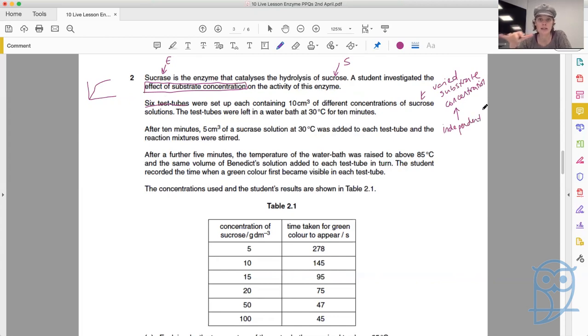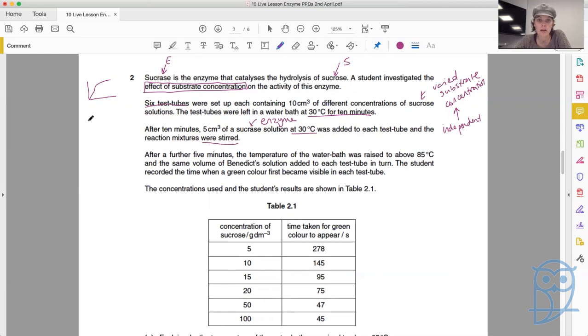It's the one that's being set. Test tubes were left in a water bath at 30 degrees C for 10 minutes. After that 10 minutes, 5 centimeters cubed of sucrase solution, here's our enzyme, at 30 degrees C was added to each test tube and the reaction mixtures were stirred.